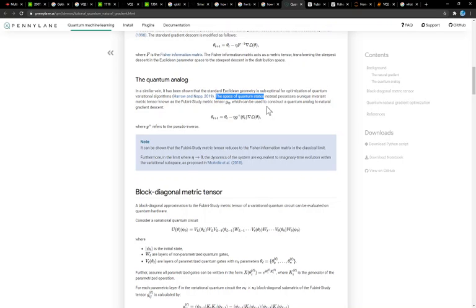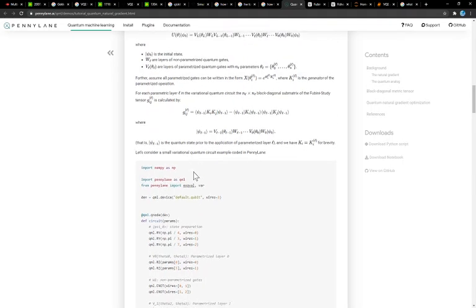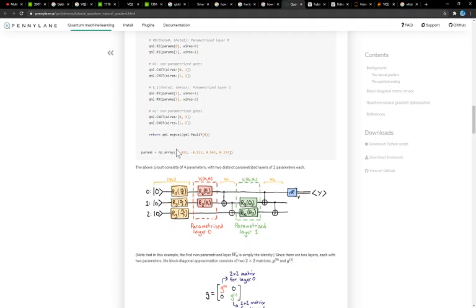But what you're doing is you're somehow calculating this matrix by running these different things in here, which we'll definitely try to understand.